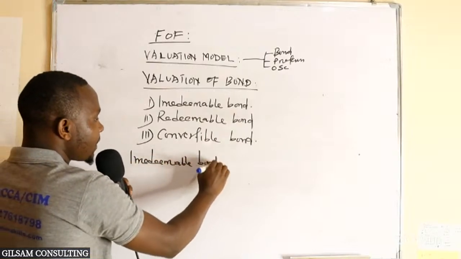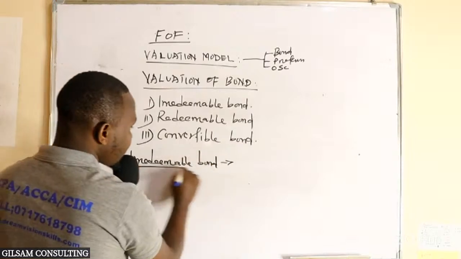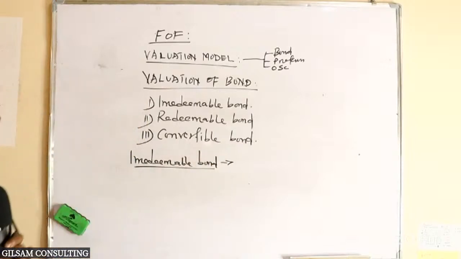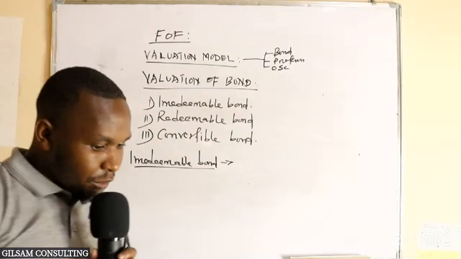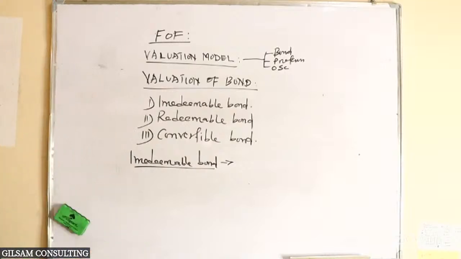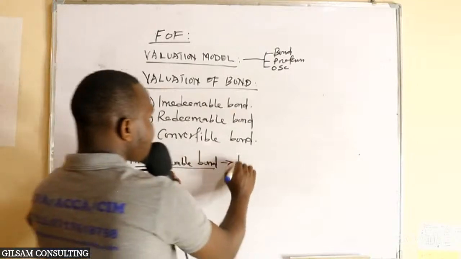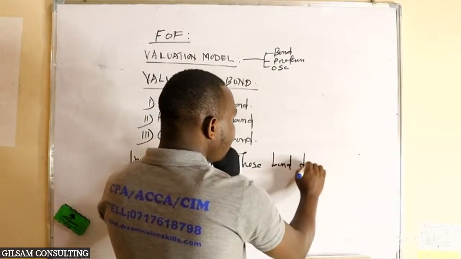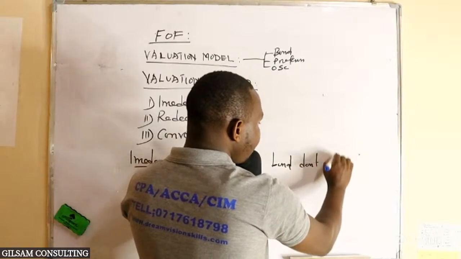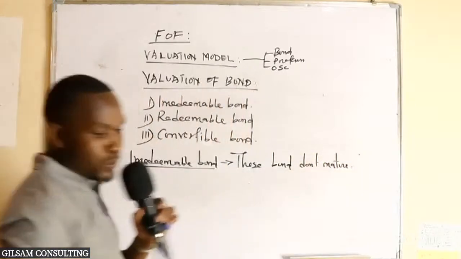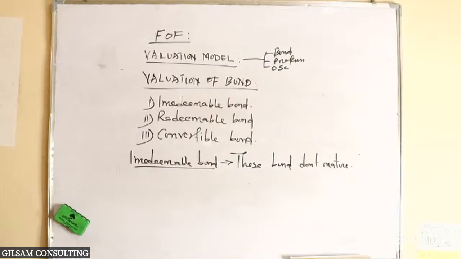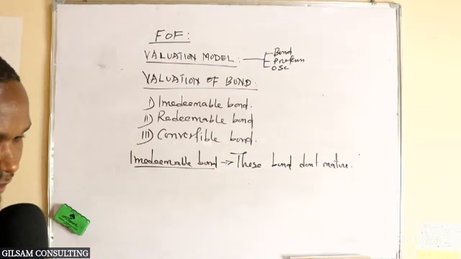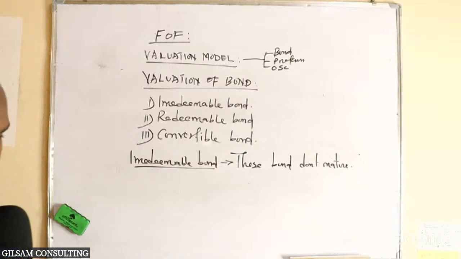The word irredeemable inamaanisha nini? You cannot redeem. Ama aina maturity period. So say these bonds do not mature. If they don't mature, what does that mean?